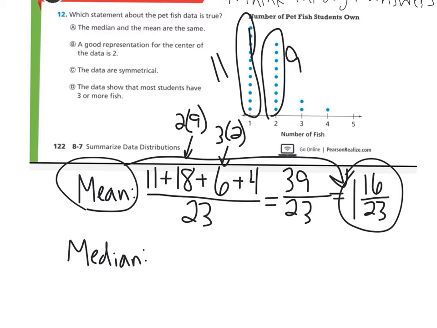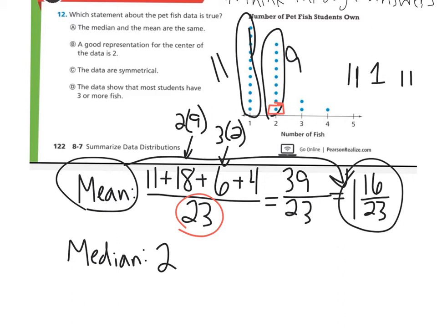As it turns out here, we know we have 23 numbers, so we would have 11 numbers on each side, would be 22, and then one number in the middle would be our median. So the 12th number, that first 2 would be our median. Okay, so obviously the median and the mean are not the same.